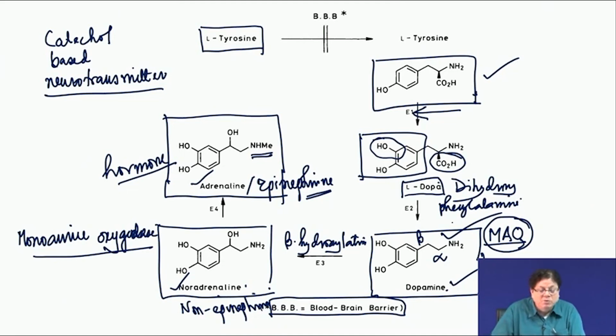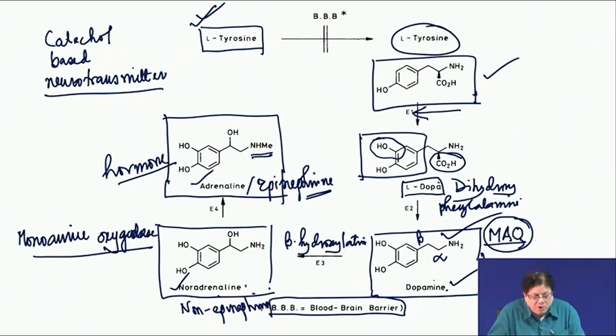One way is that you take more of tyrosine. Suppose the tyrosine is not present in large amount. If you take more of tyrosine, then tyrosine crosses the blood-brain barrier and you maintain a higher concentration of tyrosine here. So, that will be converted into dopamine.